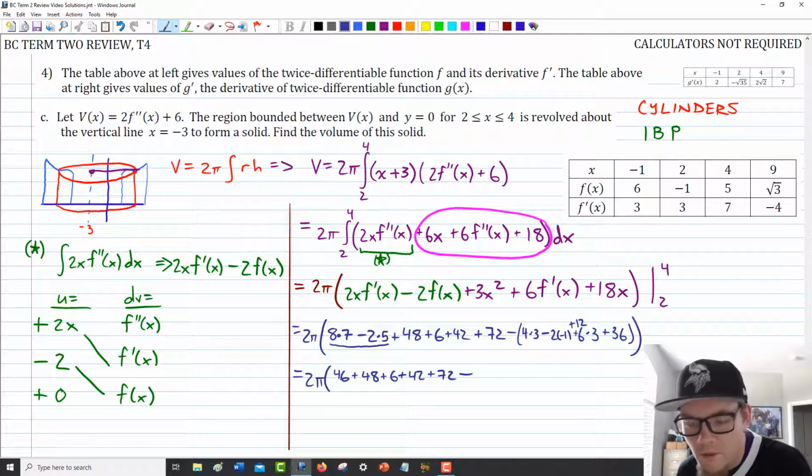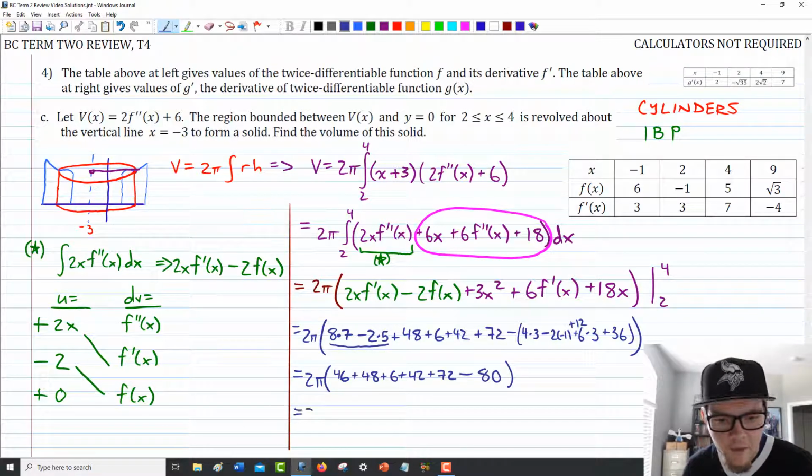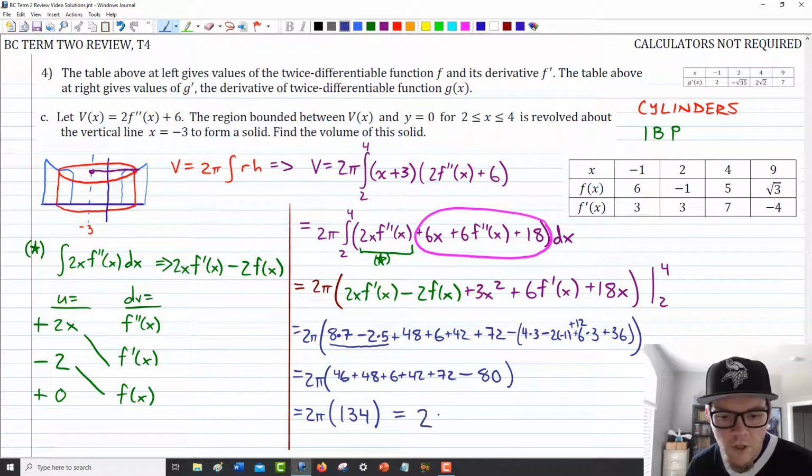Yeah, do it one more time. 12, 14, 26, plus 18 is 44, plus 36 is 80. So minus 80. Oh, I'm so sorry. Shouldn't have added that plus 6. It was all my fault there. 46, that's 94, 100, 142 minus 8, which is 134, which is 268 pi.